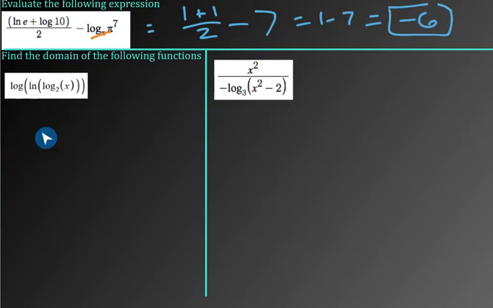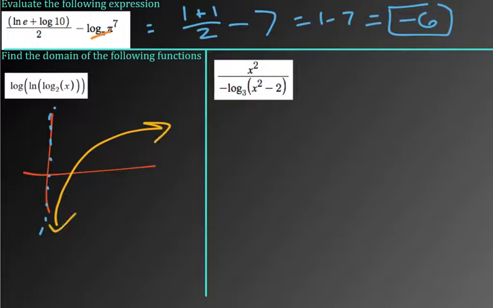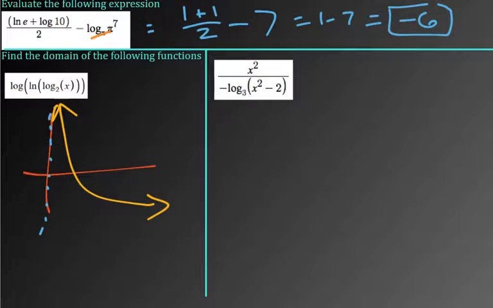So for the domain here, we've got 3 logs. And we know that your basic log has a vertical asymptote on the y-axis. The basic logs look like log growth like that, or you can have log decay like that. But either one, this acts as the boundary line.